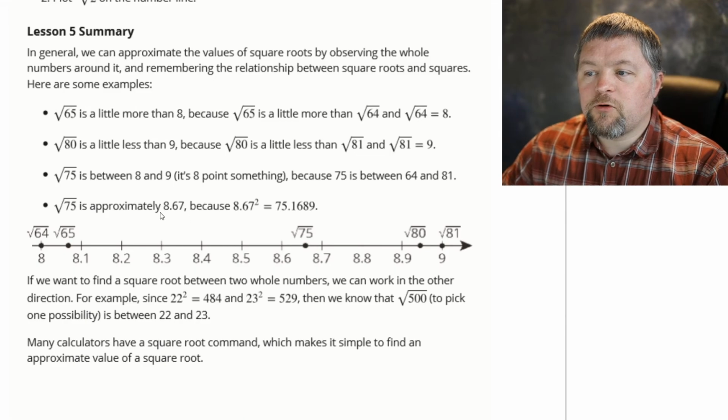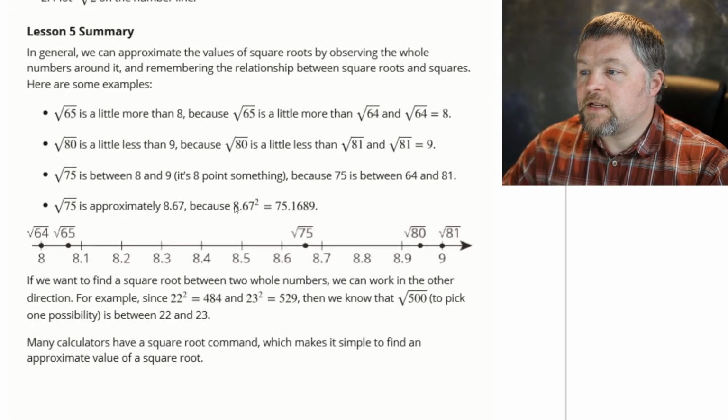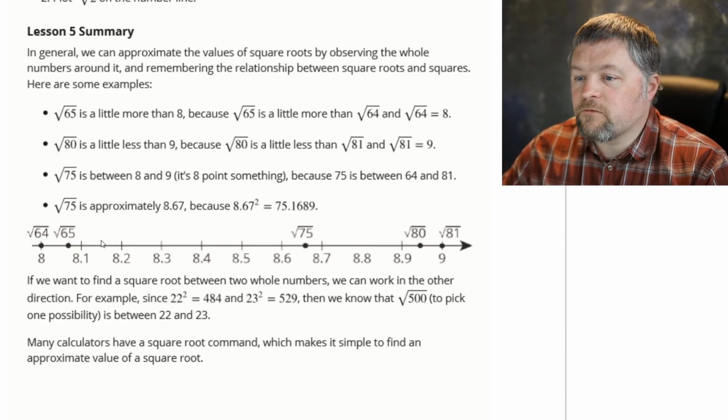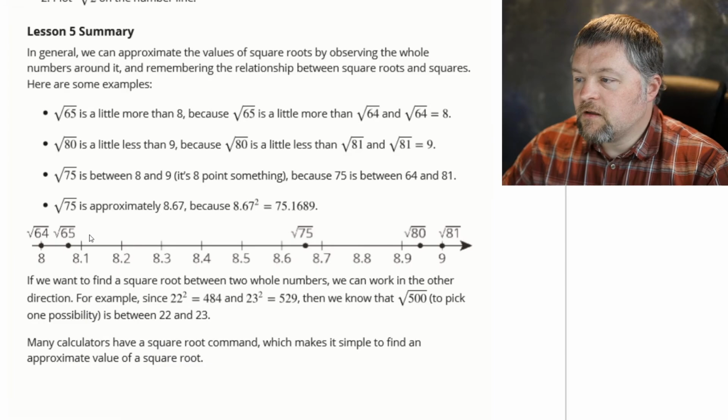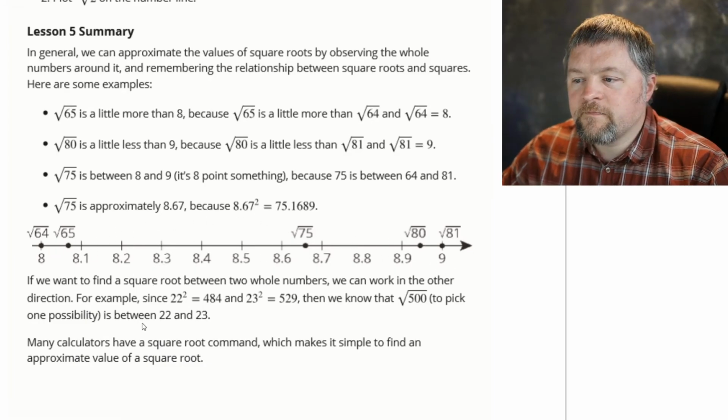So this is an approximation because the actual square root of 75 is an irrational number. It would have decimal points that go on forever and never stop or repeat. So here's a number line. Those numbers are approximated on our number line.